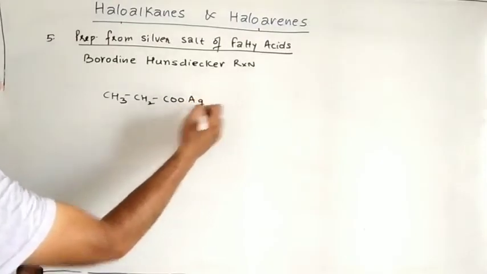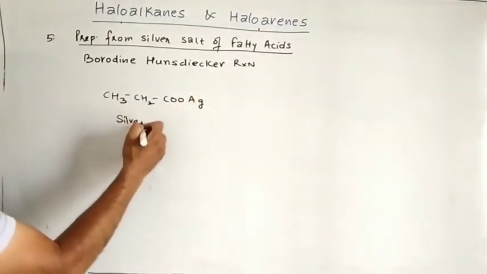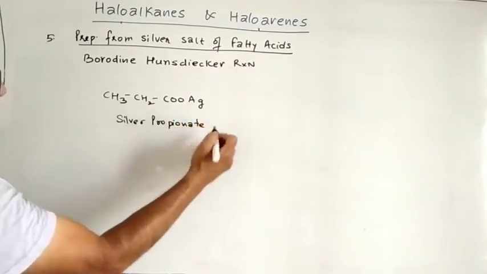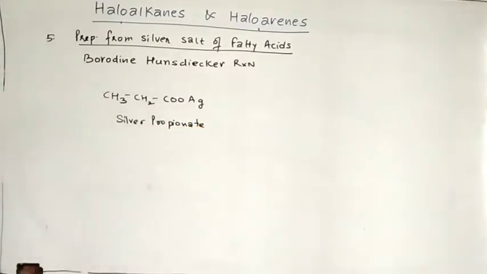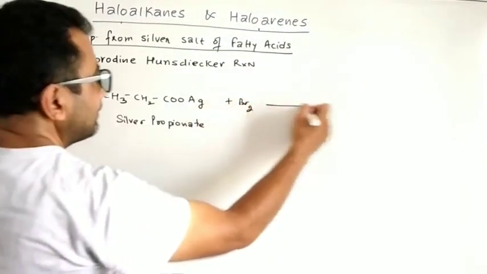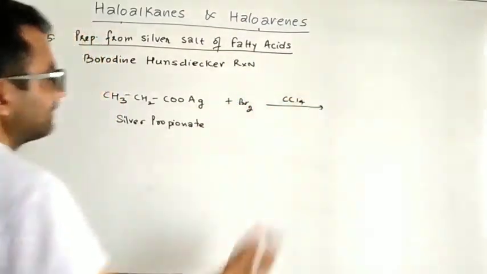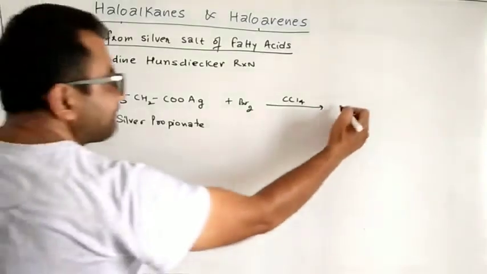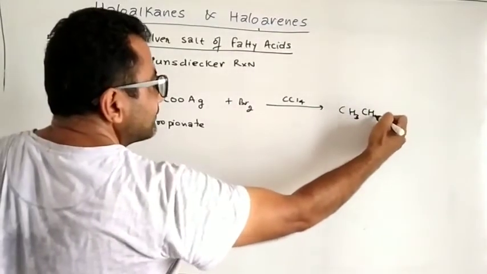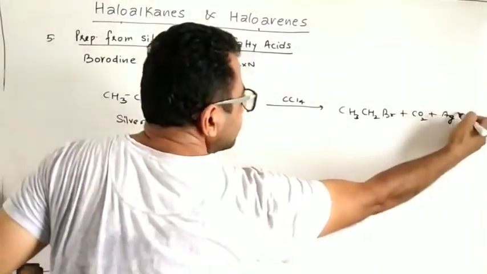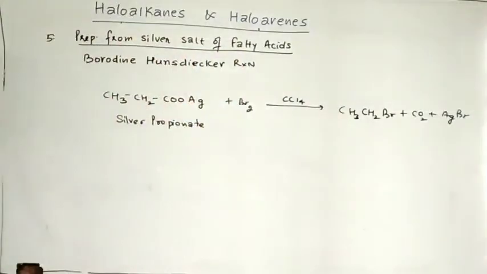In this case we will take silver propionate, CH3CH2COOAg, and we will add bromine in the presence of CCl4 solvent. You will get ethyl bromide, carbon dioxide plus AgBr.